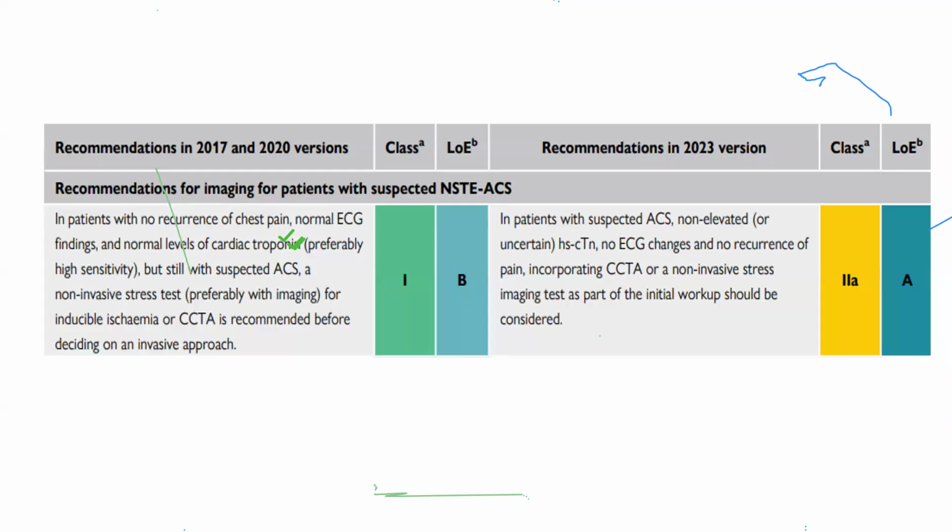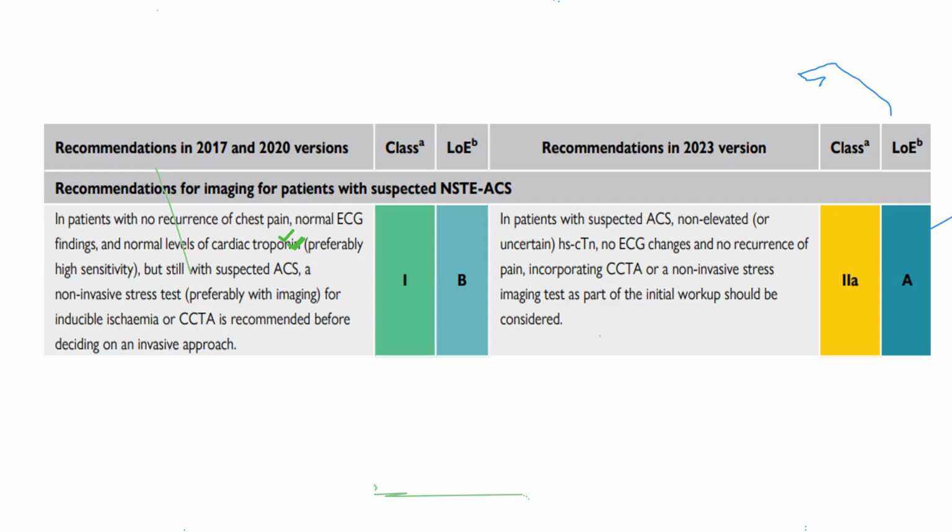So in the old guidelines, with respect to suspected non-ST elevation acute coronary syndrome, in patients with no recurrence of chest pain, normal ECG findings, and normal levels of cardiac troponins, and in that sense, we are looking at high sensitivity, but still with suspected ACS, non-invasive stress tests, preferably with imaging for inducible ischemia or coronary tomography scan is recommended before deciding on an invasive approach. So that was a class one recommendation.